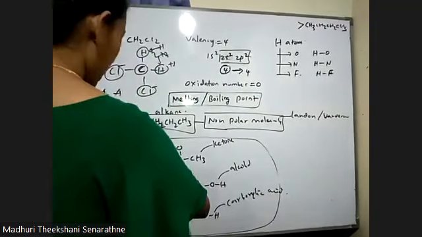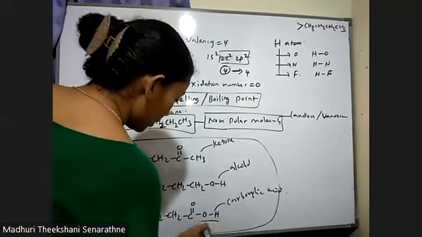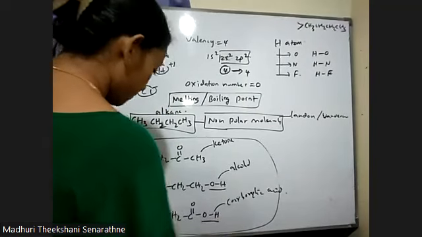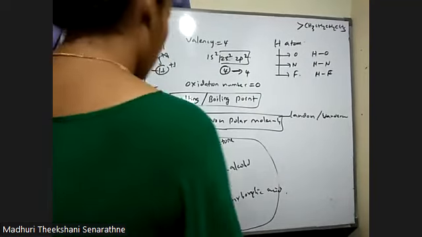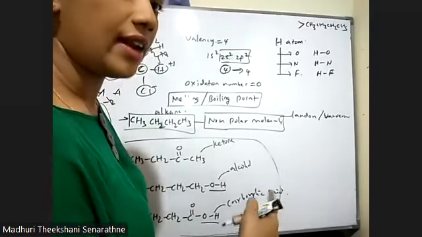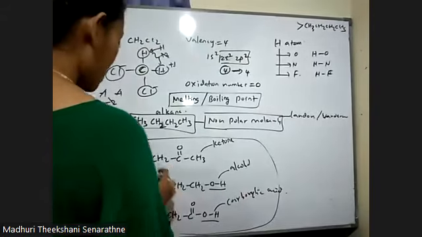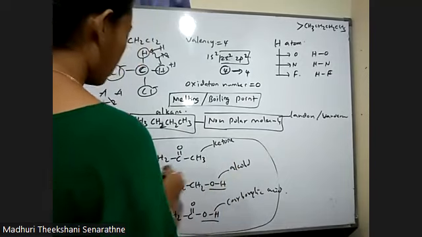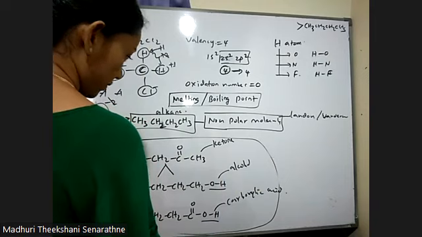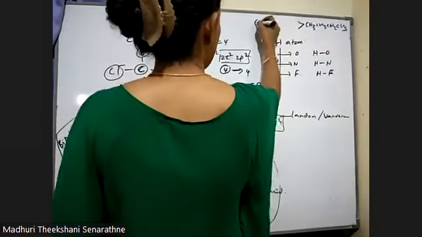Therefore, hydrogen bonds are absent here. But here you can see OH bonds, which means hydrogen bonds. Both of these molecules can make hydrogen bonds. You know hydrogen bonds are stronger than all other dipole interactions. Therefore, the melting or boiling point of the ketone is lower than alcohols and carboxylic acids.